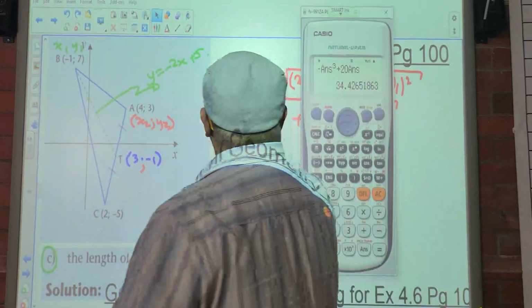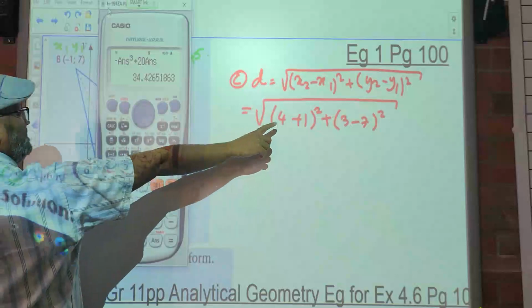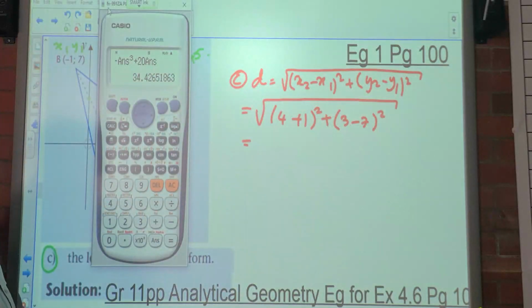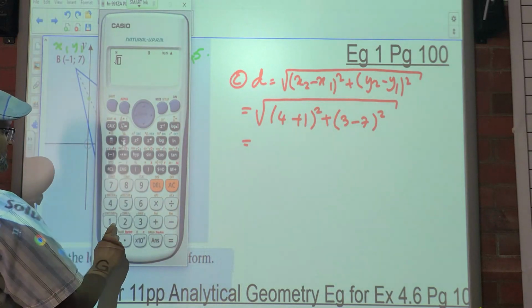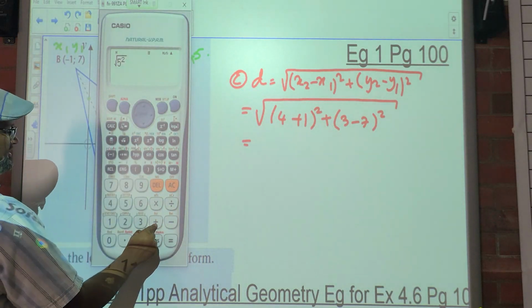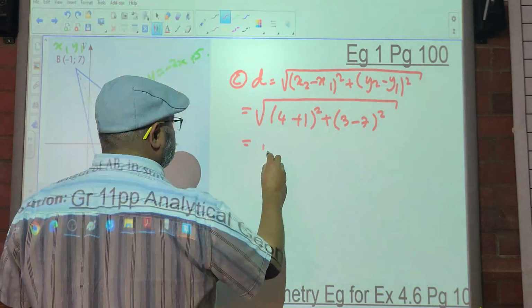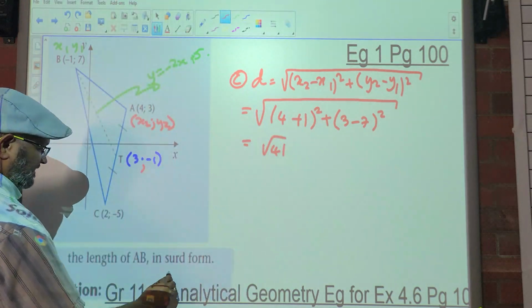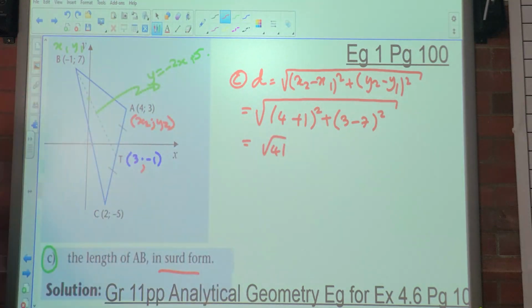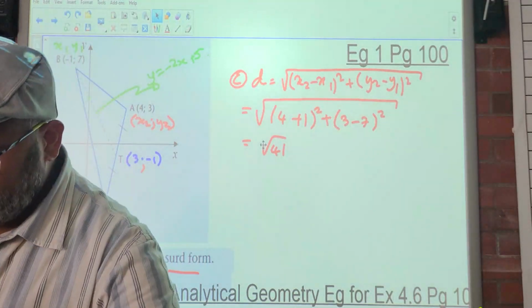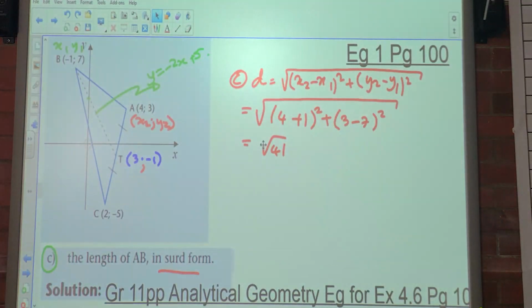That gives you 25 plus 16, which is 41. So it's the root of 41. The question says leave it in surd form, and that is surd form. Any confusion? Any questions?